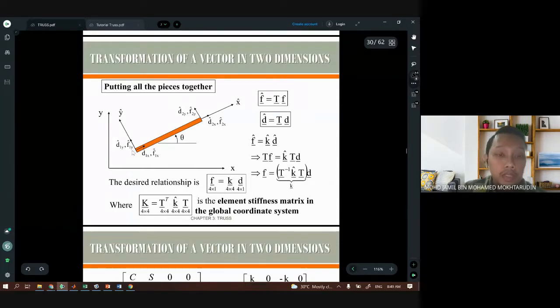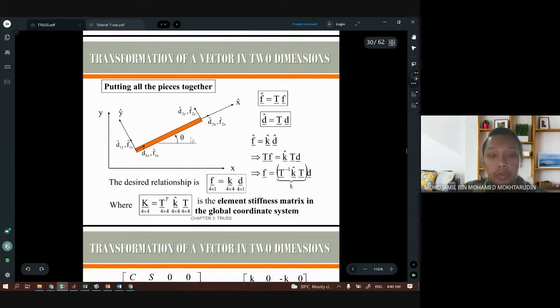For example, this node is number 1 while this one is number 2. If this node is number 2, then the node at the other end must be higher, either 3, 4, and so on. And the angle theta must be measured from the positive x-axis.